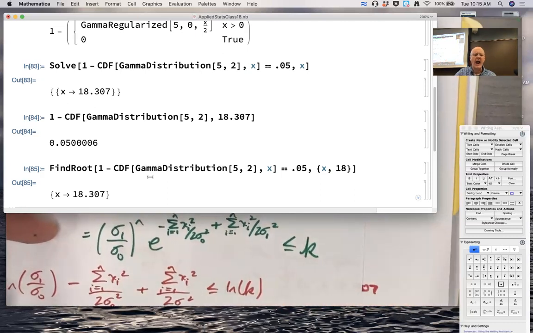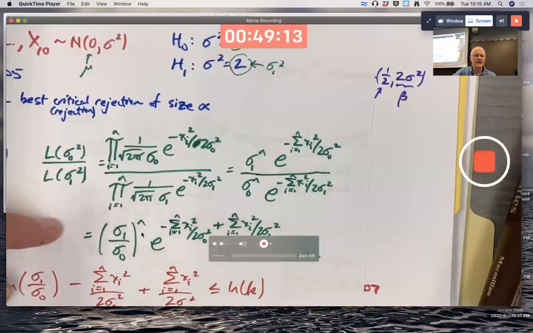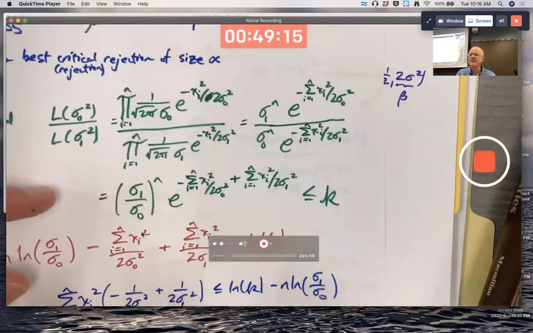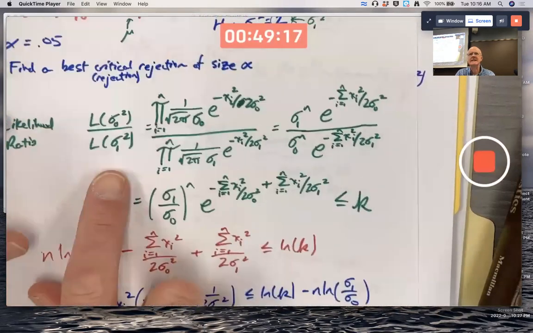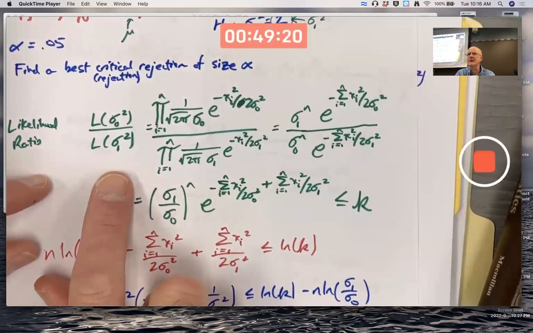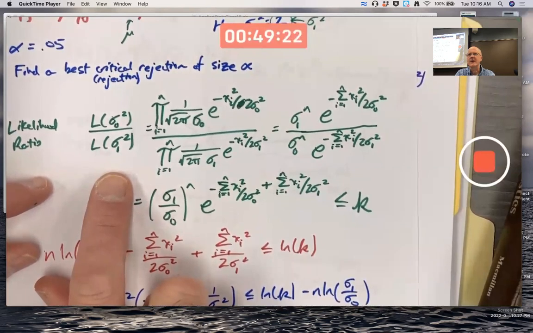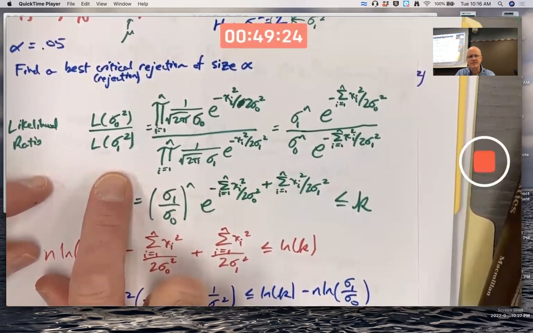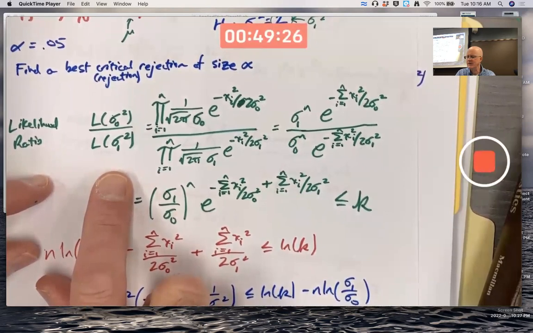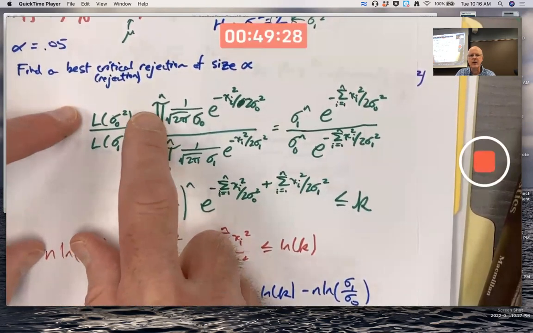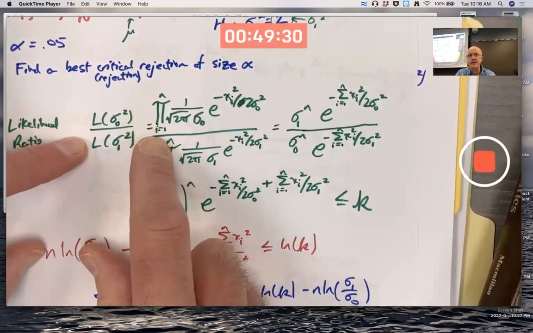Intuitively, why? The likelihood ratio being small intuitively should be evidence against the null. Because when it's small, the numerator is smaller than the denominator to make the fraction small.